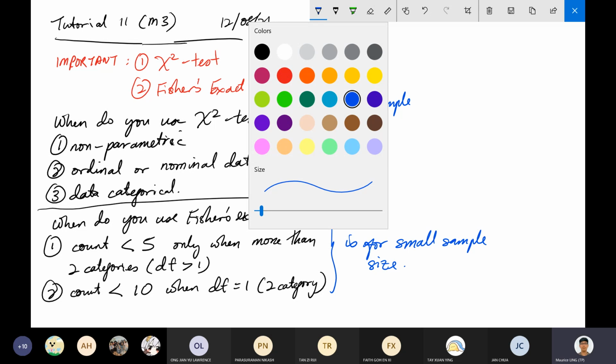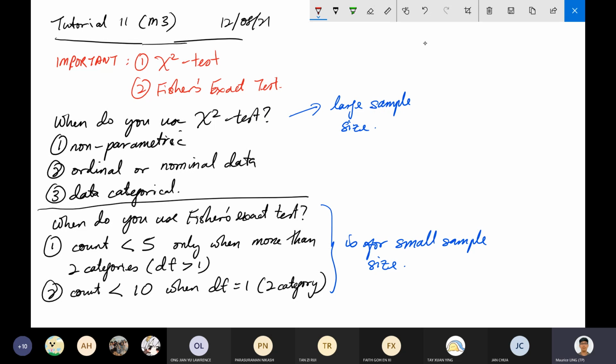Okay, so how do you calculate your chi-square test? Let's go back. How to do your chi-square test? The first thing is you need to get your expected count. So this expected count comes from your null hypothesis.